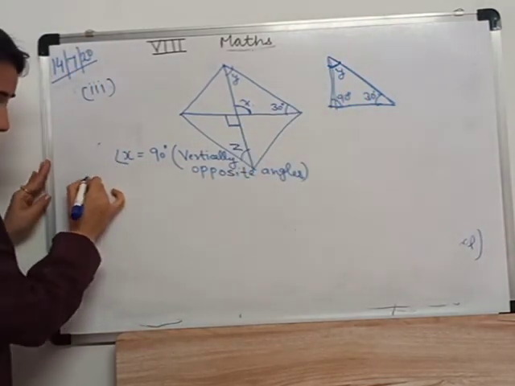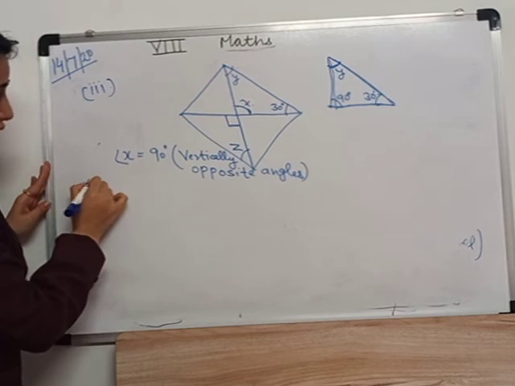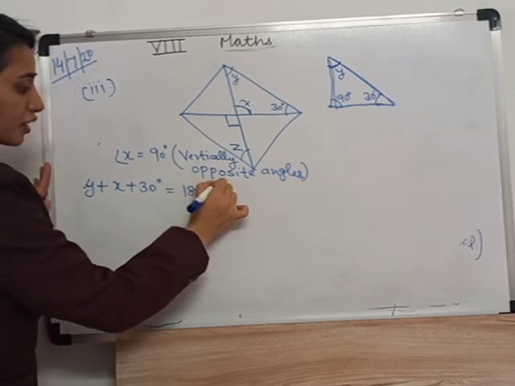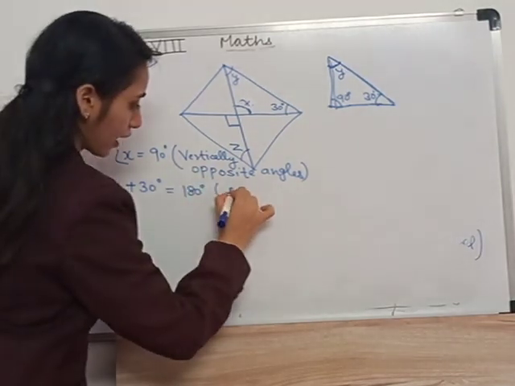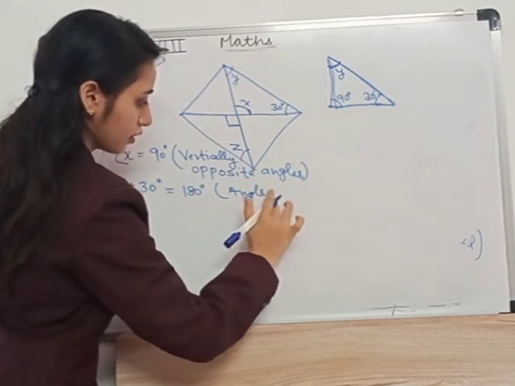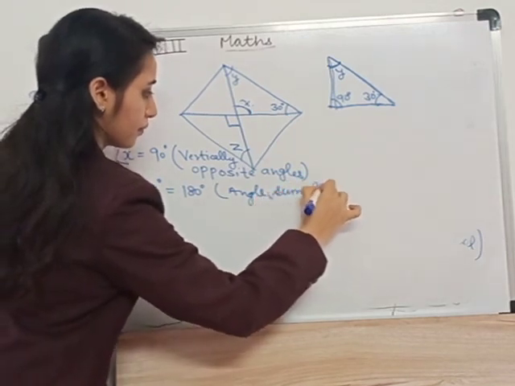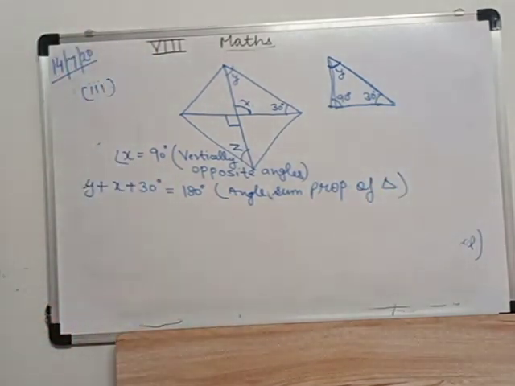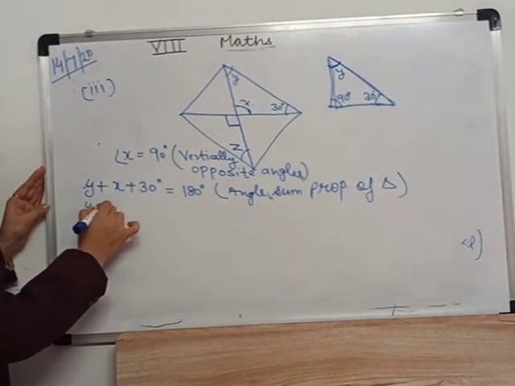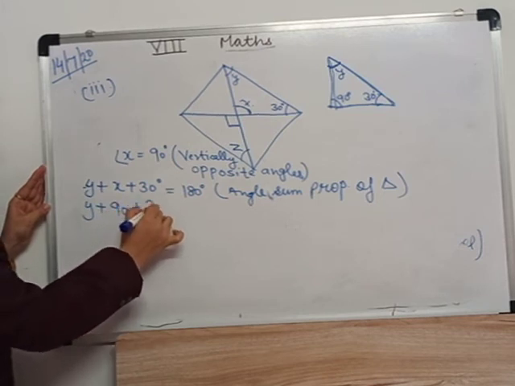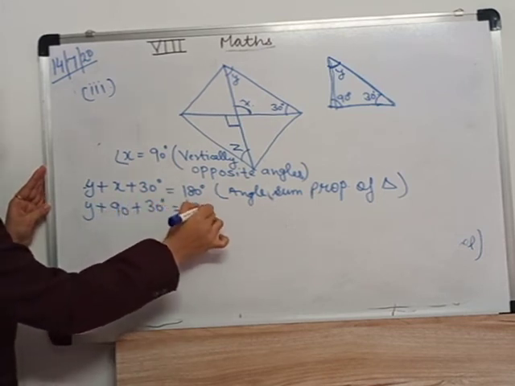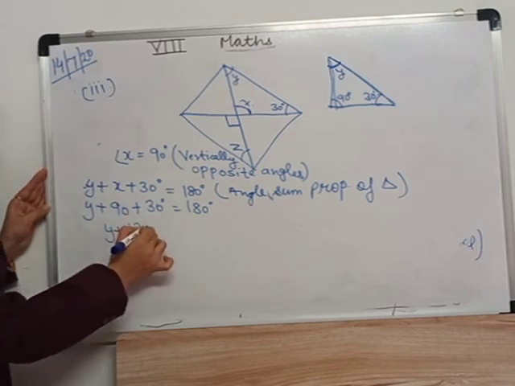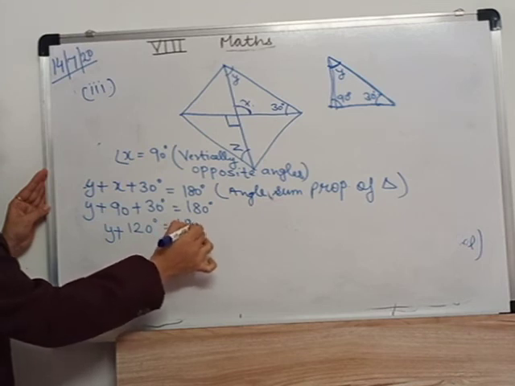So in this triangle, angle y plus angle x plus 30 is equal to 180, using the angle sum property of a triangle. Now put the value of x: y plus 90 plus 30, 120, equals 180.